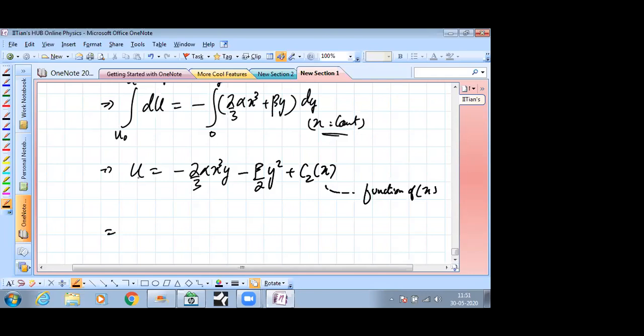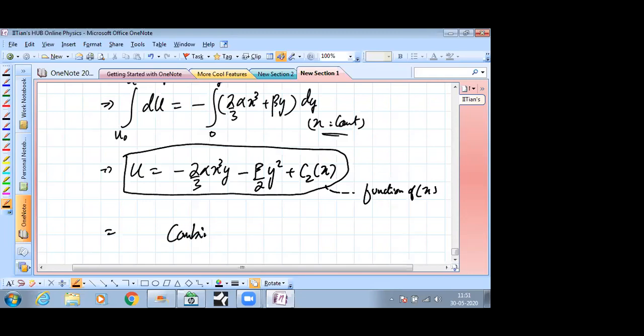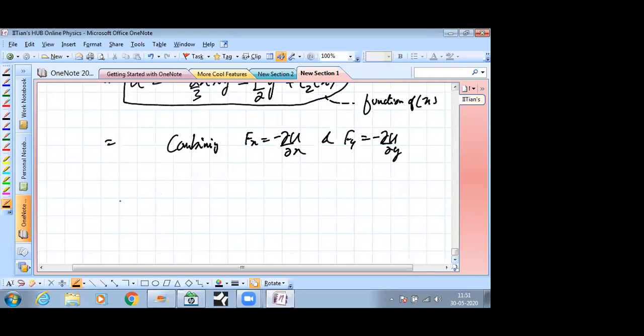So, I mean U minus U naught. Again bring the U naught that side. So this becomes, from equation 2, this. Now combining Fx equal to minus del U by del x and Fy equal to minus del U by del y. There, what we had got was that potential energy was this kind of function.